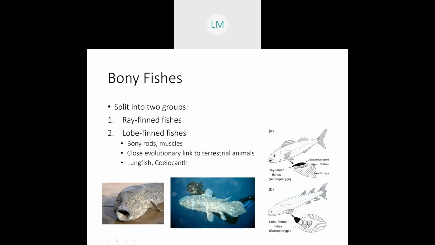But these coelacanths have these bony projections into their fins, and on the ocean floor they can kind of move those fins in a way that's very similar to walking along the bottom of the ocean. Okay, so this is our evolutionary link to terrestrial animals.